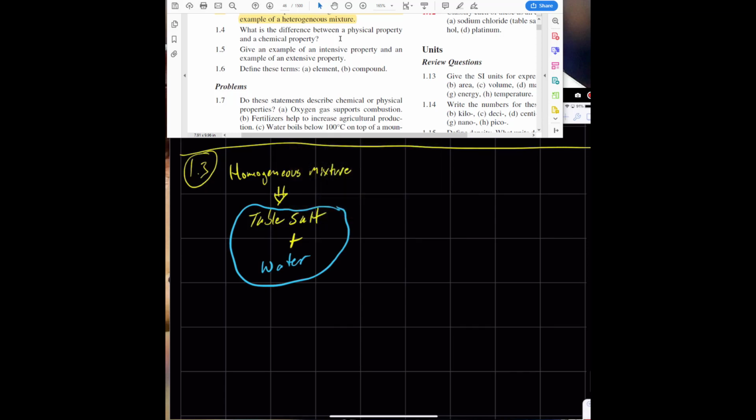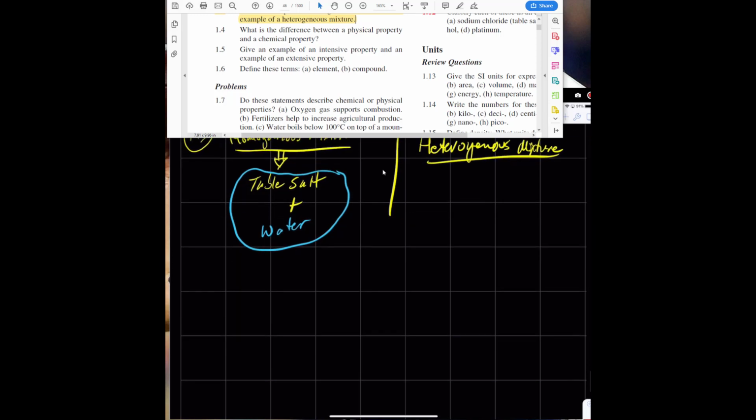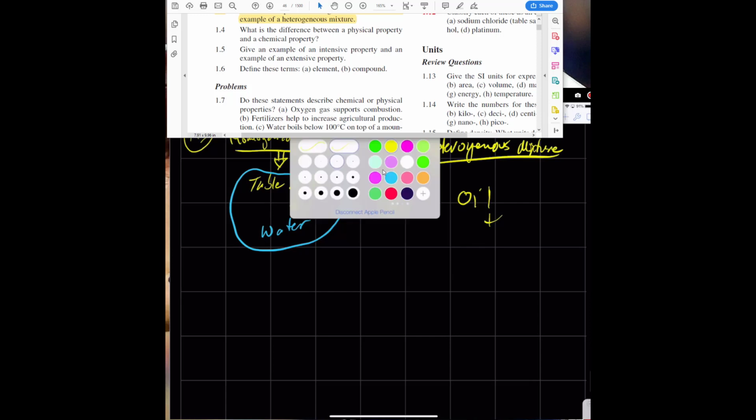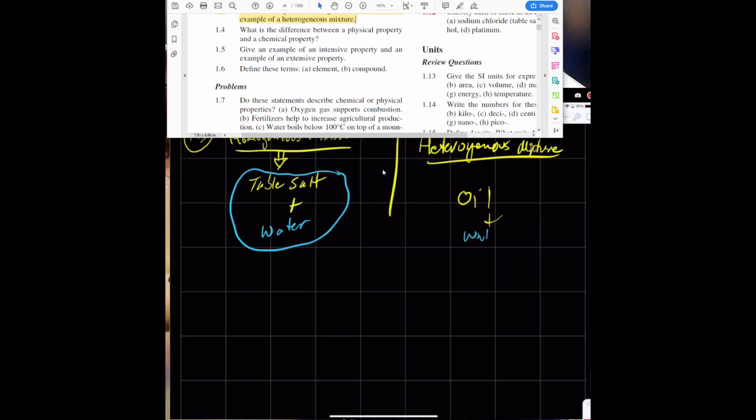Okay. Now for the heterogeneous mixture. This is a bit different than a homogeneous mixture. We could give oil mixed with water, and that's an example, because when the oil mixes with water, what happens? There's separation.